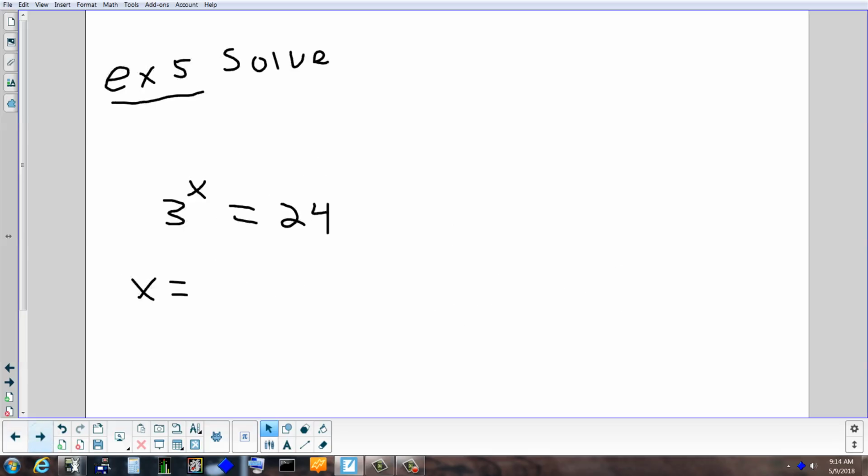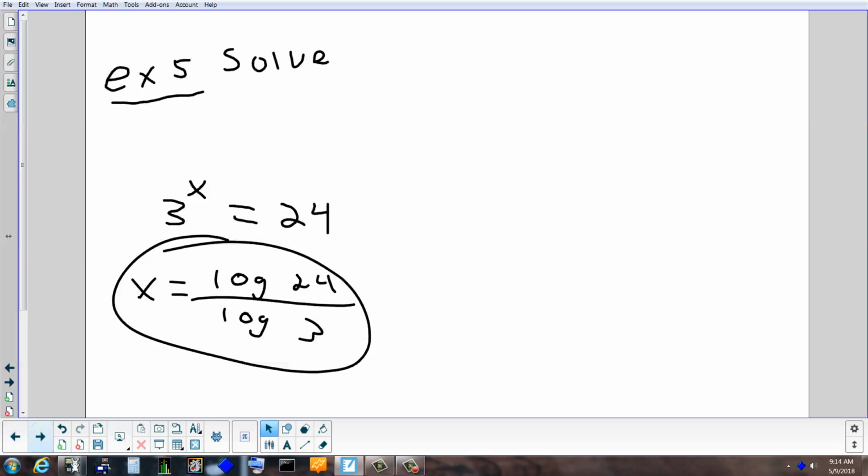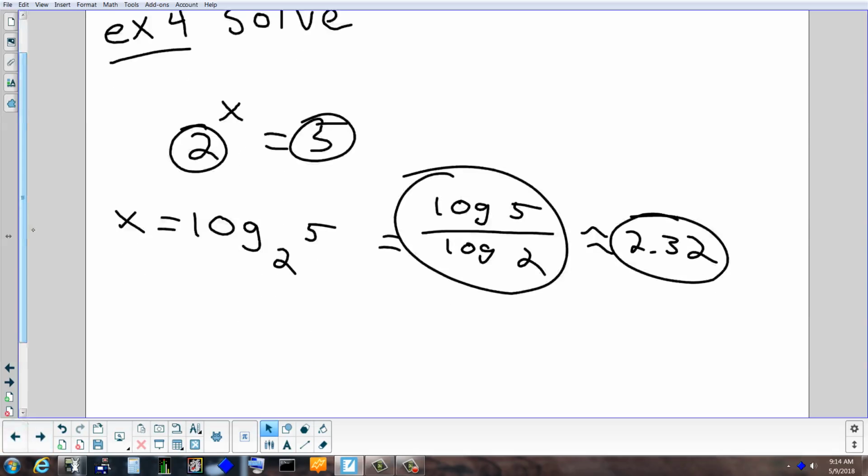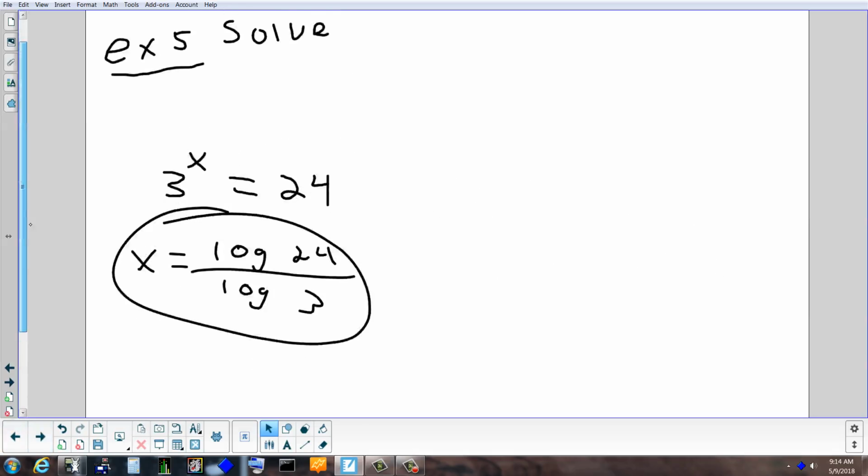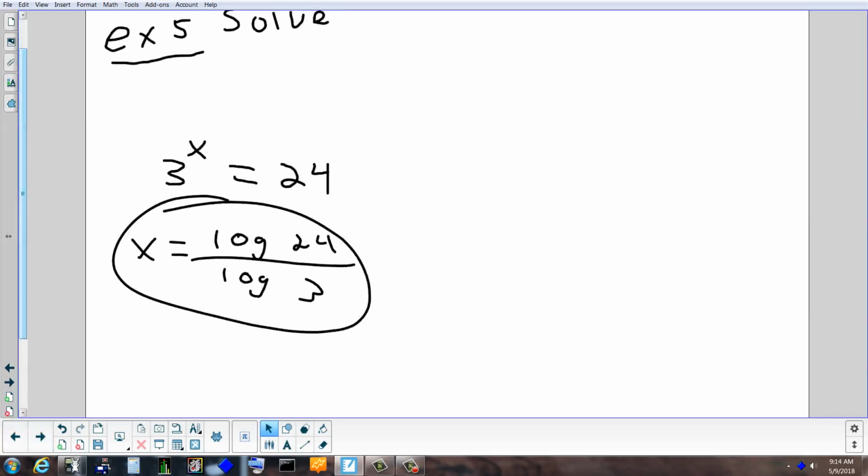Log of 24 divided by log of 3. Yeah. You just have to type that in on your calculator. And again, how did we get that? We changed to log form and then used the change of base formula. But it's all laid out right there for you. Okay, so that one's very similar.